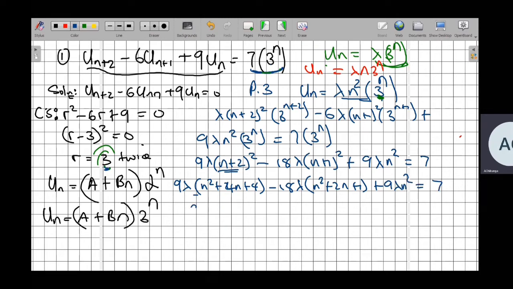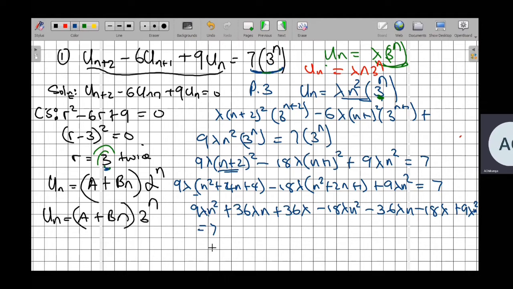So we're going to have 9 lambda n squared plus 36 lambda n plus 36 lambda minus 18 lambda n squared minus 36 lambda n minus 18 lambda plus 9 lambda n squared is equal to 7. Let's check what is cancelling and what's not cancelling. There's 9 lambda n squared, there's another 9 lambda n squared here.